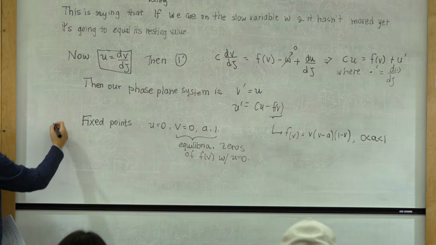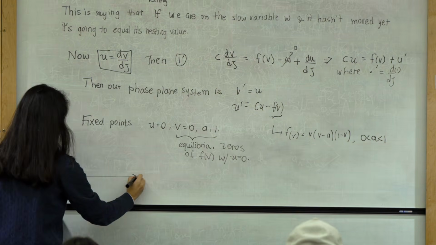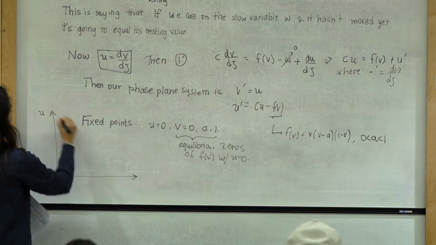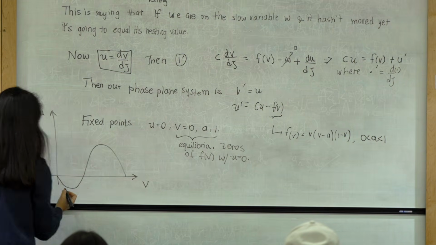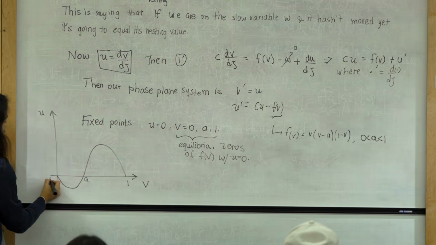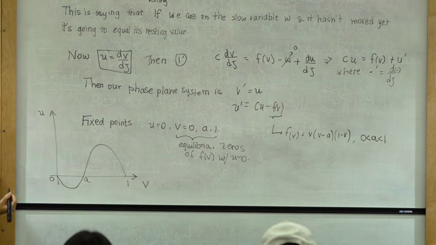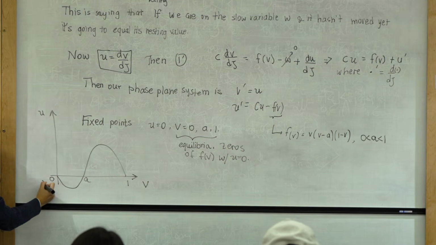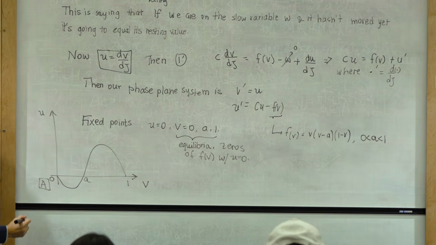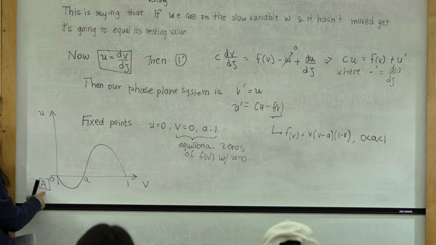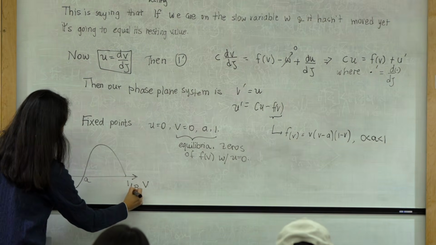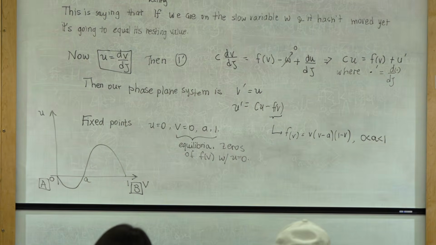Okay, so if I am to draw this in the plane of u versus v, I have basically a function that looks like this. This is a, this is 1, this is 0. And then I will just denote some new points. So I will denote this as point A, and this will be part of the wave profile that we will look at the end. So A and B. So if I want to find the nullcline in this plane, how do we find nullclines?